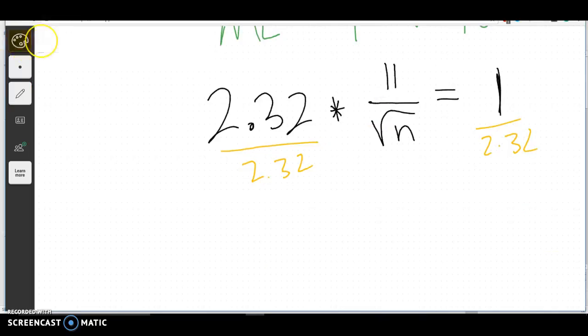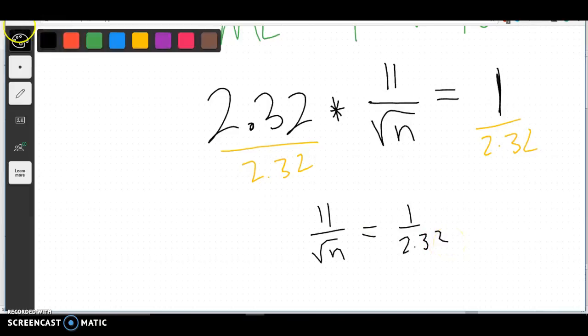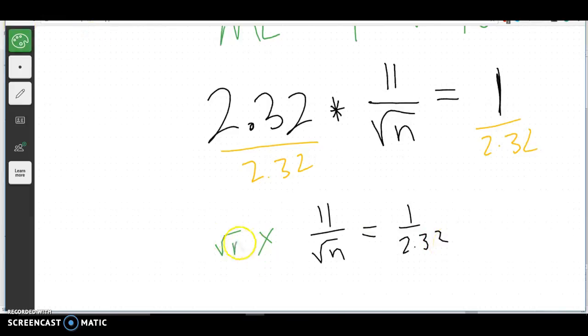We would then have 11 over the square root of n. I would times this n up over here, and then divide this to the other side.